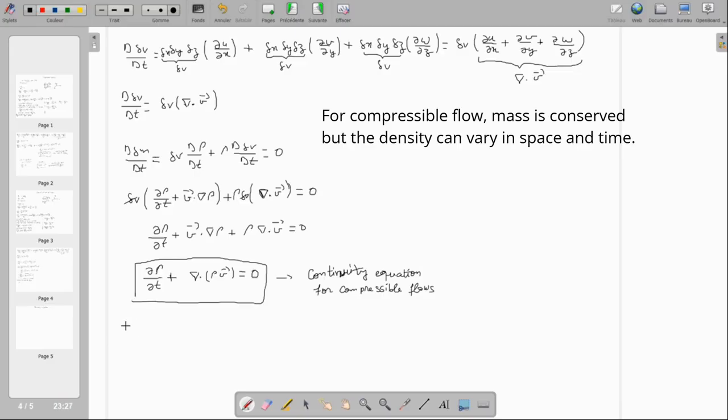So for incompressible fluid, rho is constant.